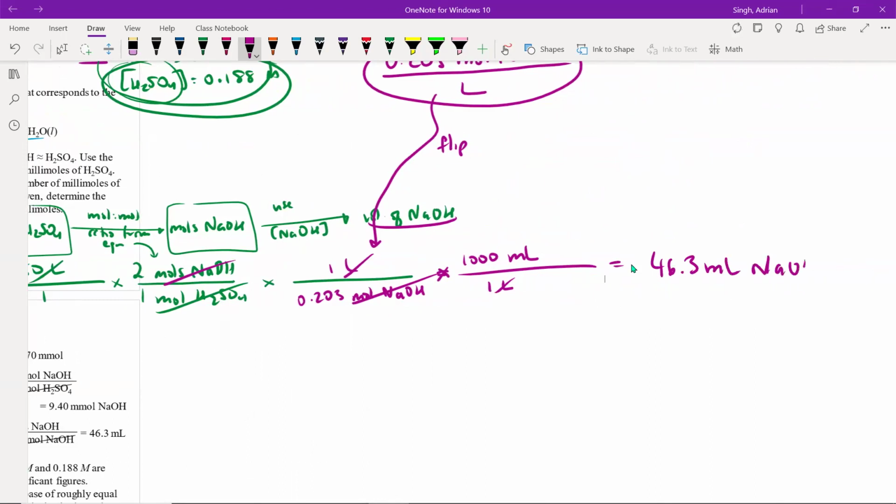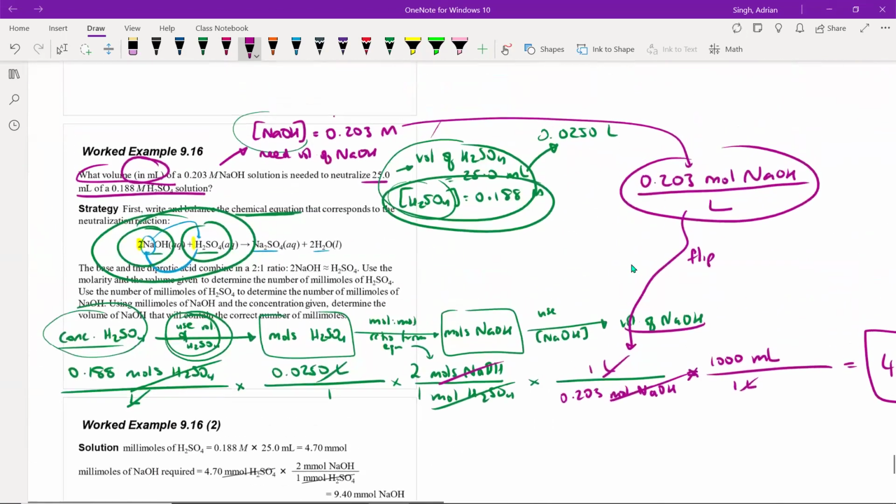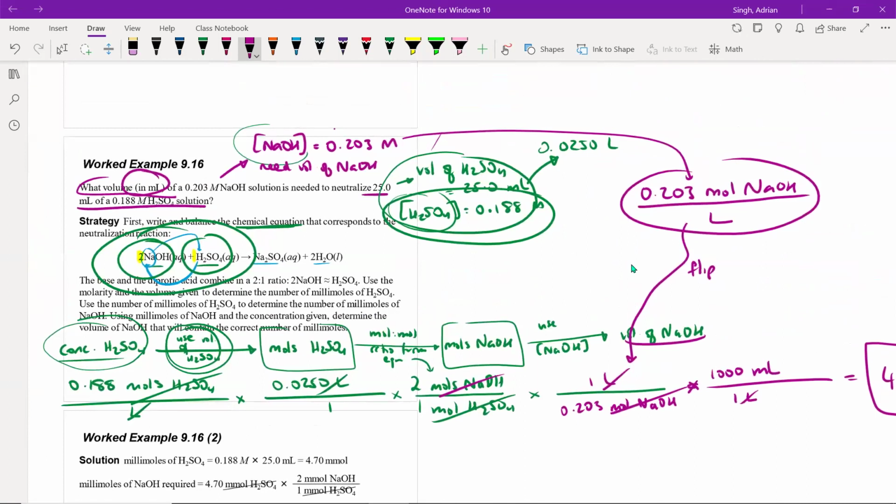milliliters of sodium hydroxide. This is a really good example of solution stoichiometry, and it's specific now for this acid-base neutralization, this acid-base titration, but it can also be applied to any example where solutions, concentrations, and volumes are involved, all right? The main thing is you want to get to moles so that you can use the balanced equation.